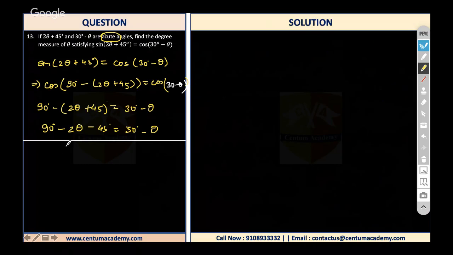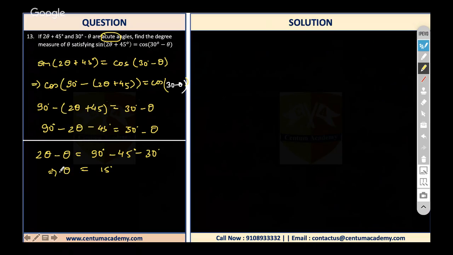So if you take 2 theta to the other side, you'll get 2 theta minus theta, and I'm just simplifying it further. So it is nothing but 90 degrees minus 45 degrees minus 30 degrees. Hence you will get 15 degrees. Theta is equal to 15 degrees.